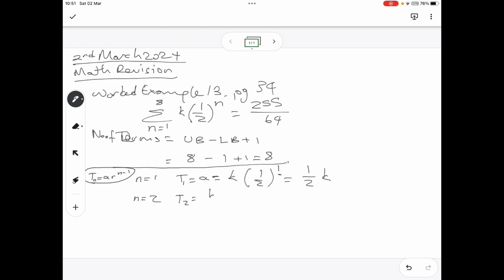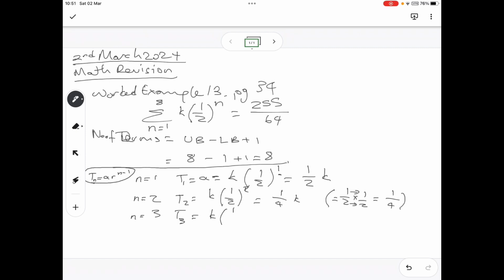So we're substituting values of n in ascending order. So now we're doing n equals 2. And that equals k times a half to the power 2. Remember, if it's raised to the power 2, it is itself multiplied by itself, which gives us a quarter of k. This is because it's 1 over 2 times 1 over 2, which if you multiply across, you get 1 over 4.